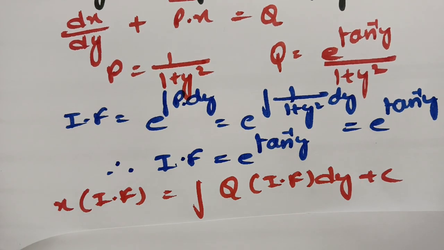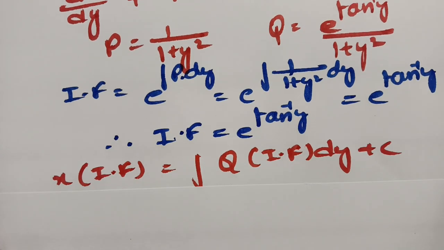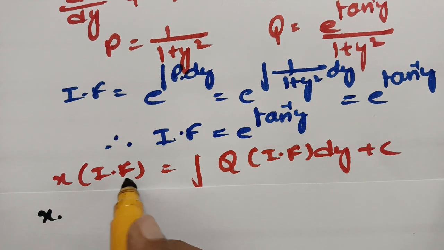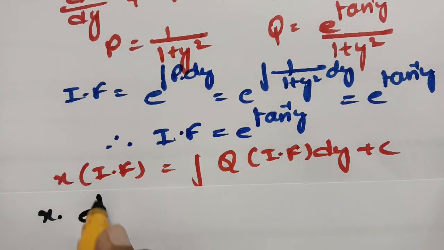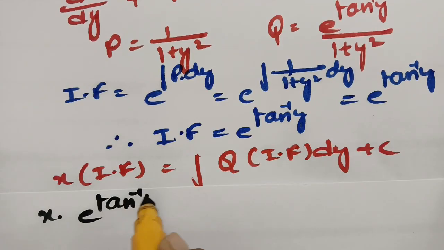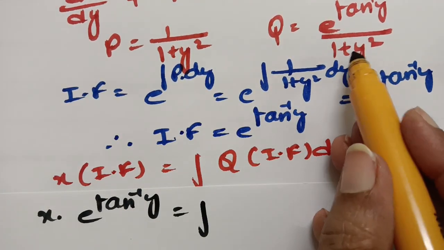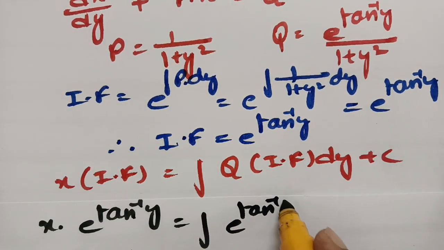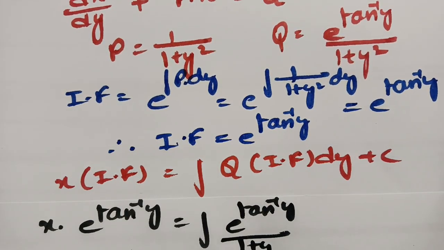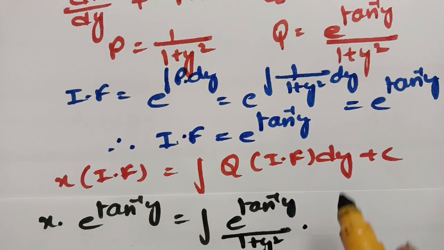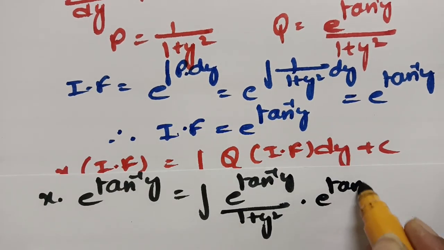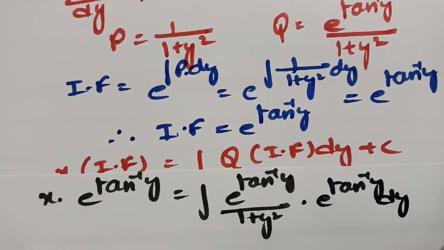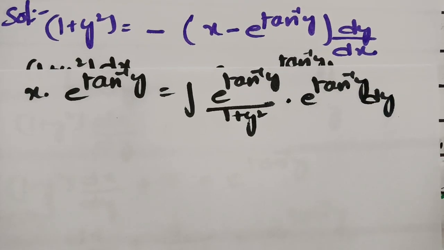So x times the integrating factor: x into e power tan inverse of y is equal to, what is q here? q is e power tan inverse of y by 1 plus y square, into the integrating factor e power tan inverse of y, into dy. Now I have to get the integration.